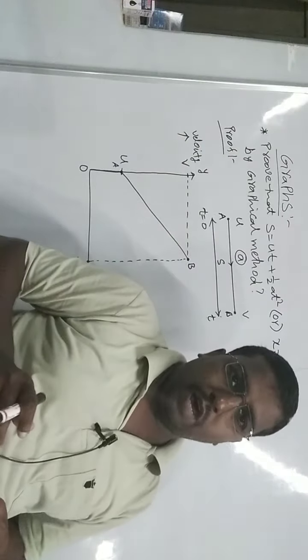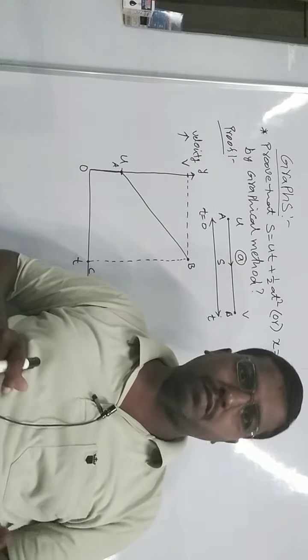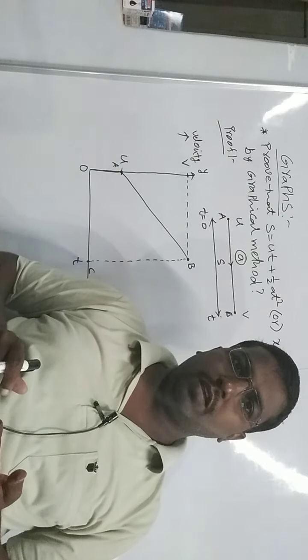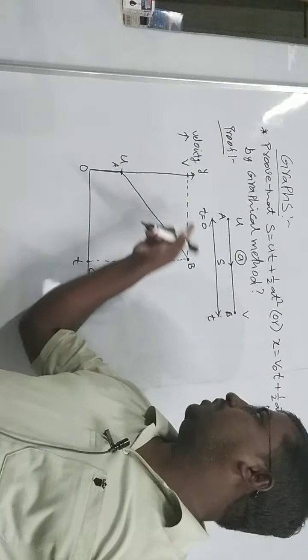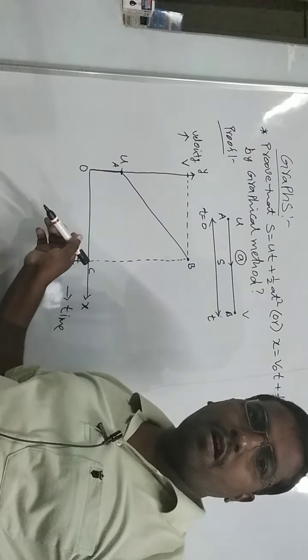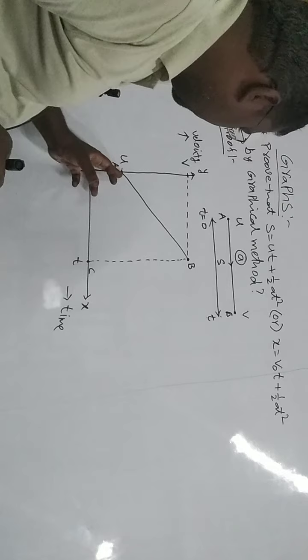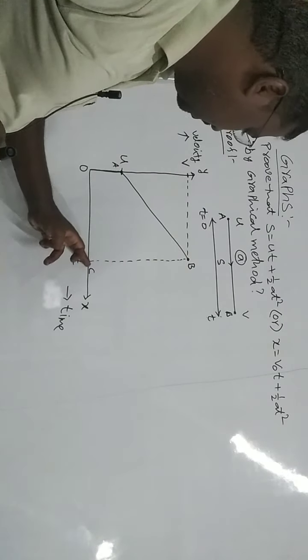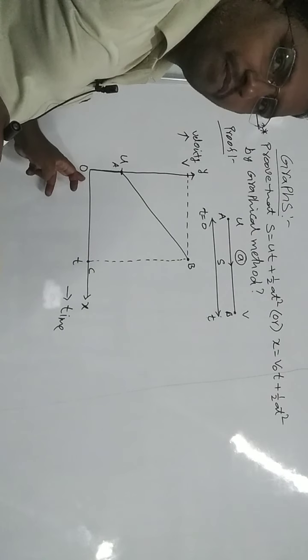This was already discussed in the previous topic, but once again I will repeat: in this velocity-time graph, the area under the Vt graph gives displacement. So the area O, A, B, C gives displacement.